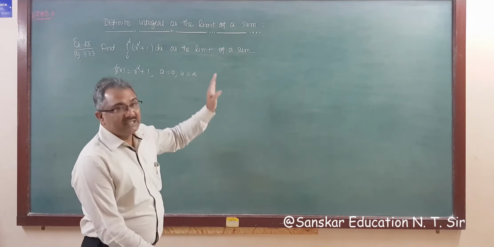So what we require first is f of a plus ih. The first target is to find f of a plus ih, then multiply by h, and applying this definition we will get our answer. This is the procedure.